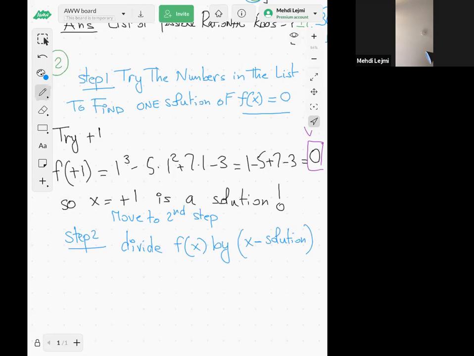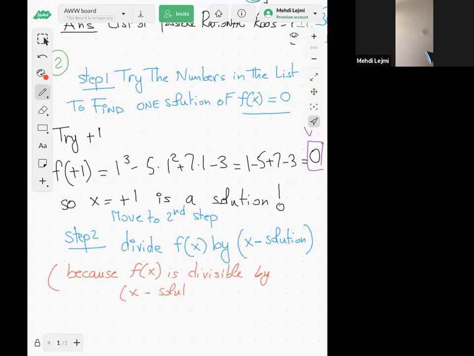So why do we divide f of x by x minus the solution? Because if positive 1 is a solution, then x minus the solution is going to be a factor of f of x. It's like saying f of x is divisible by x minus the solution.